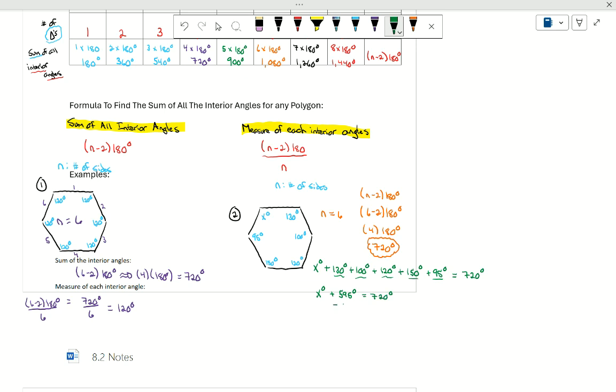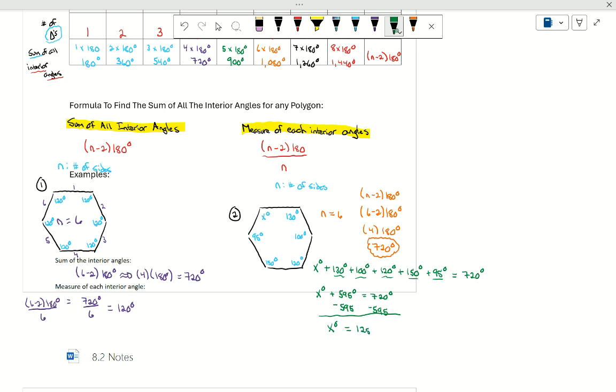And I subtract 595 from both sides of the equation. This allows me to know how many degrees my x is. 720 minus 595 gives me 125 degrees.